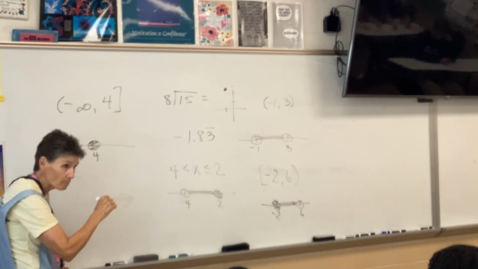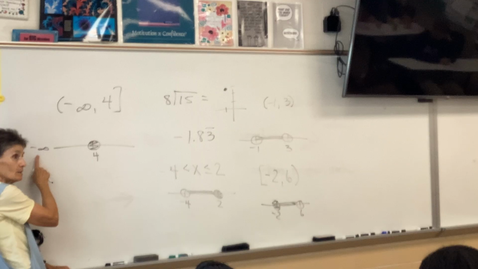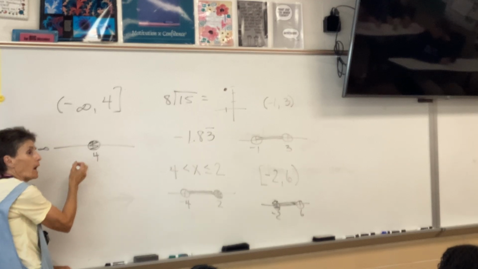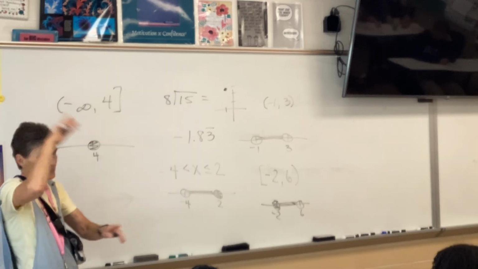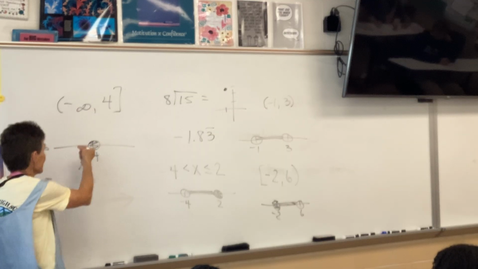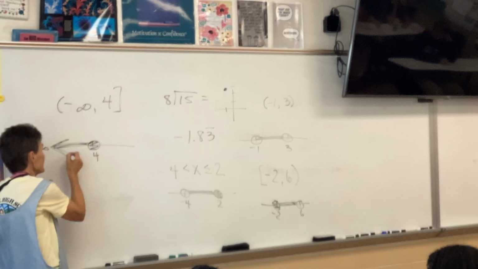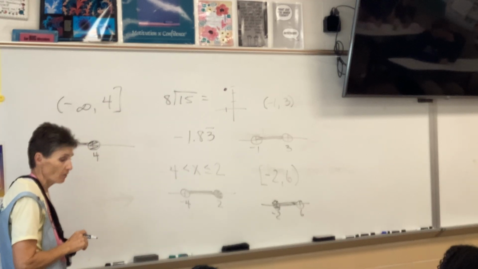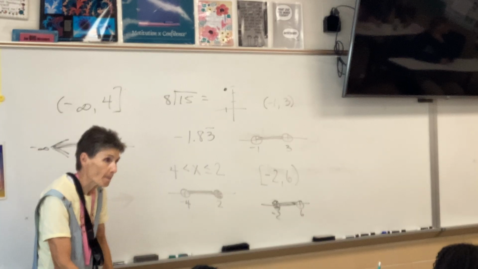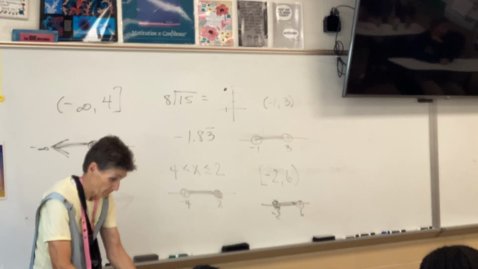Because the other number is -infinity, and isn't -infinity out here? Please don't put a dot for -infinity. -infinity isn't plottable, you just keep going forever and ever, but it's in this direction. So she's exactly right, and then shade everything forever and ever in that direction. Beautiful.